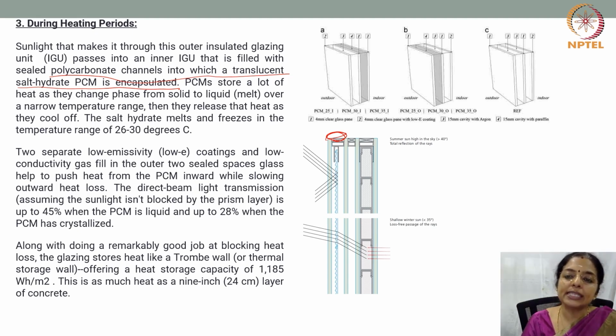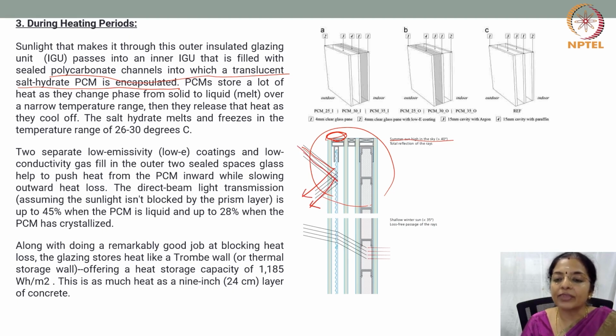During summer, it is designed in such a way that when the sun is high in the sky, greater than 40%, the solar radiation can get reflected away.